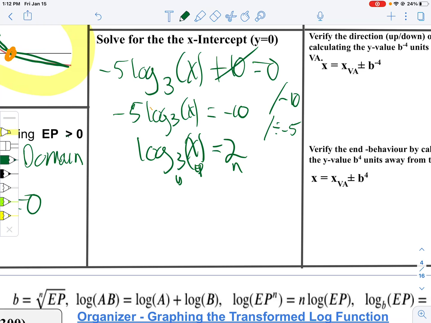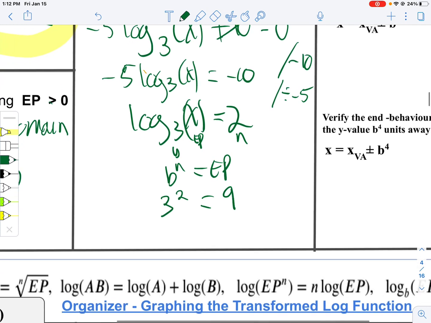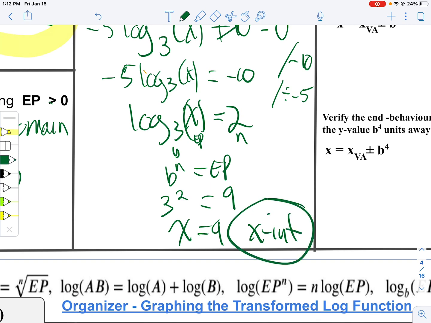I'm trying to figure out what the evaluated power is, which equals the base to the exponent n. So I'll write that as 3 to the 2 equals 9. So x equals 9 is the x-intercept.